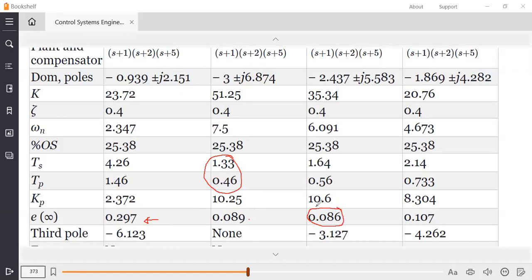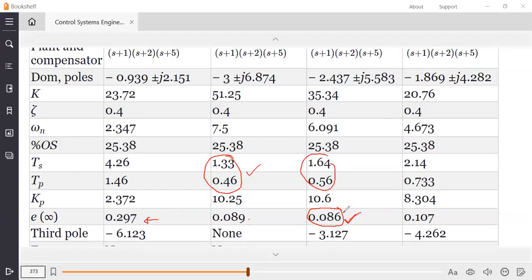So we are more happy about this value. This is how you have to choose which result is more important to you, whether a faster response or reasonable values with a smaller steady state value. This is what you have to figure out.